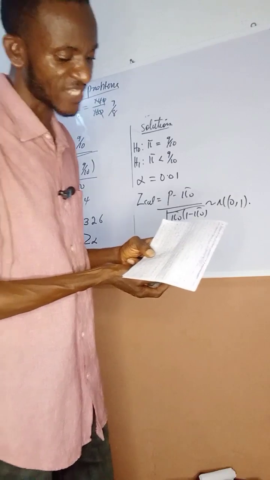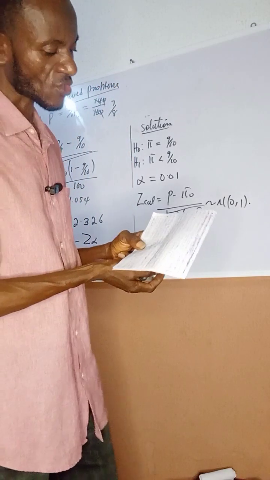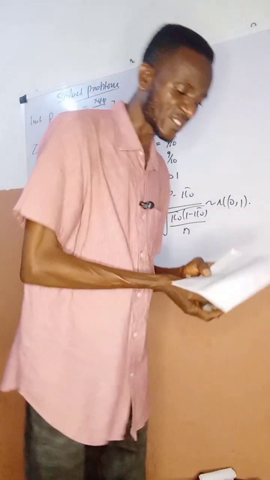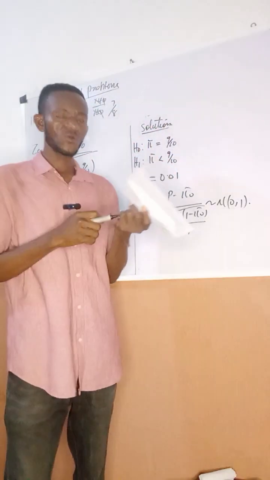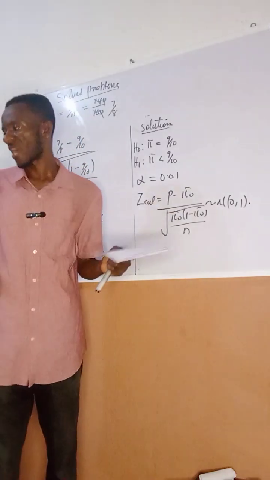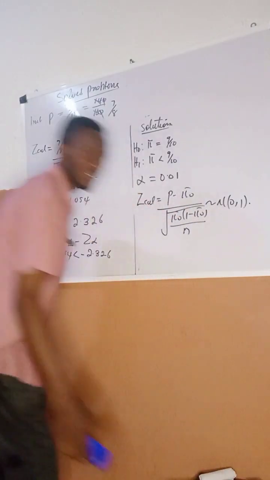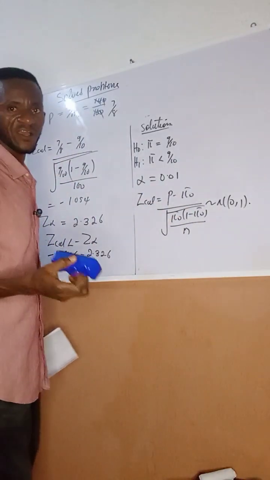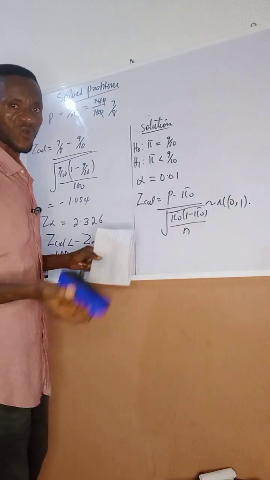Test this statement against the alternative that the percentage of men is not equal to 70% at alpha equals 0.05. Whatever your answer becomes, you can drop it in the comment section for us to see and know whether it is correct or not.